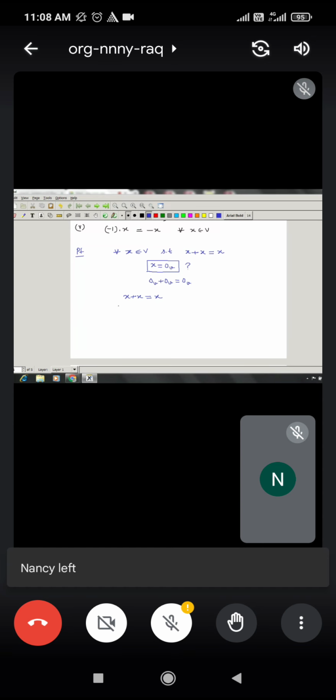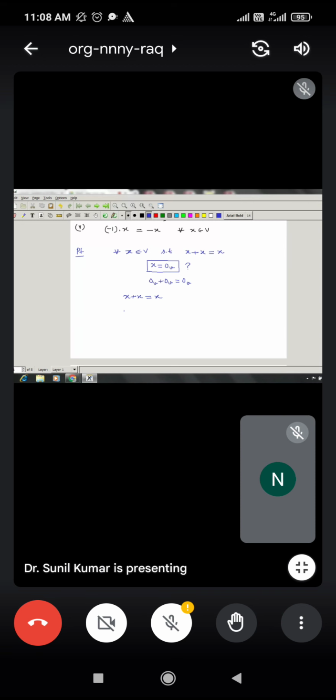x is equal to x minus x, then x is equal to 0, just subtracting x from both sides. Why do we subtract this? If we take one x to the other side it becomes 0.